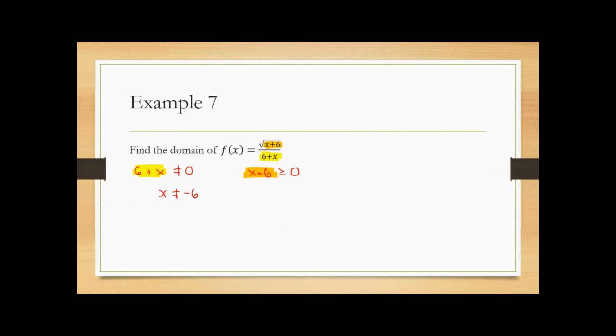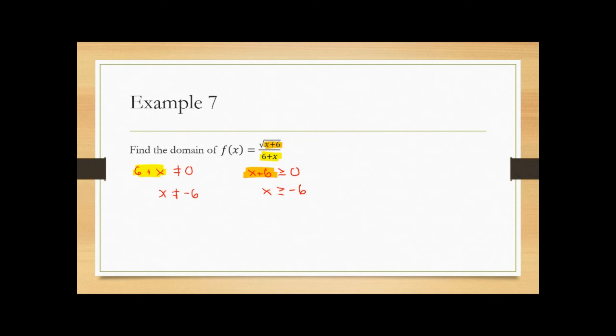So I'm going to solve this inequality. I'm subtracting 6 from both sides, and I get that x has to be greater than or equal to negative 6. But we also know that x cannot equal negative 6.